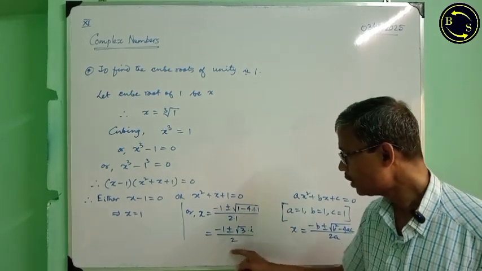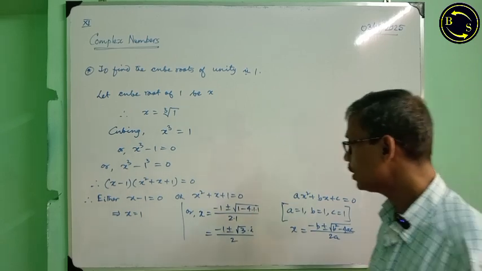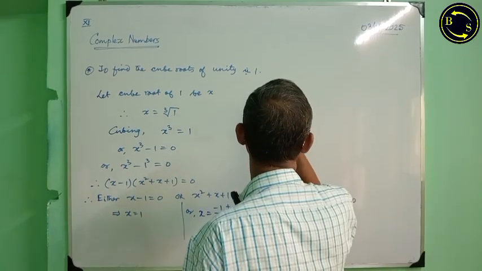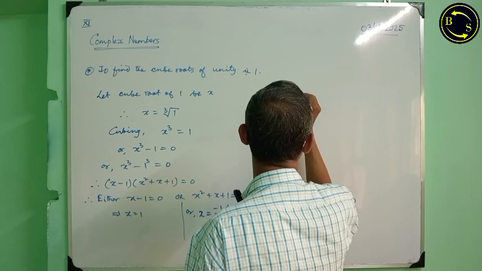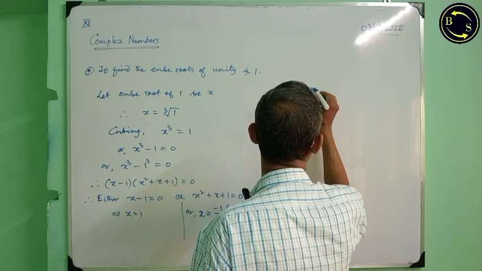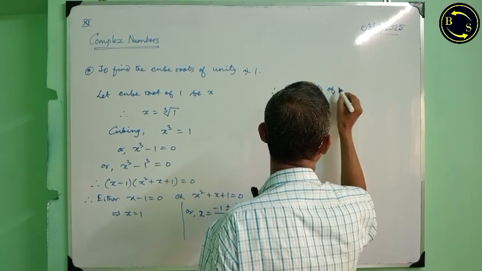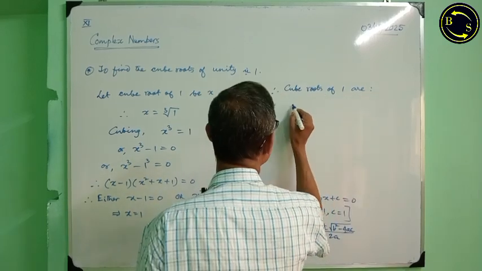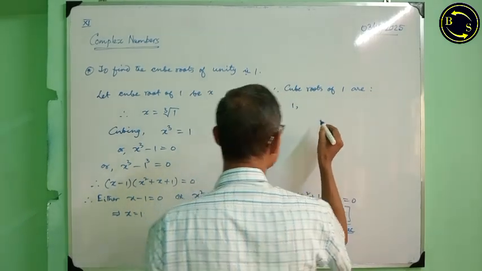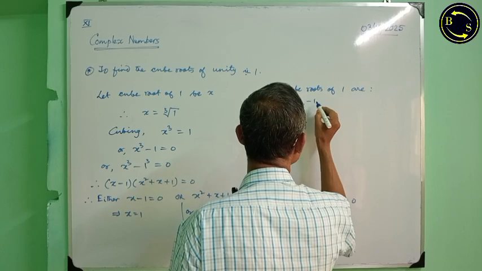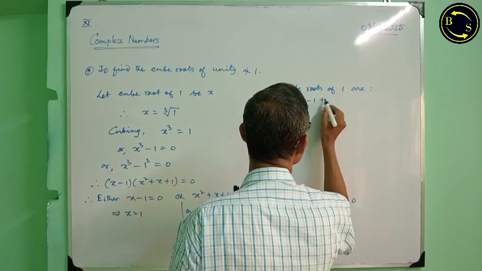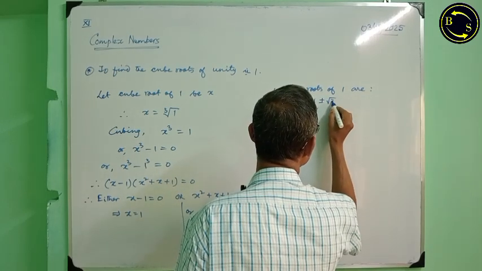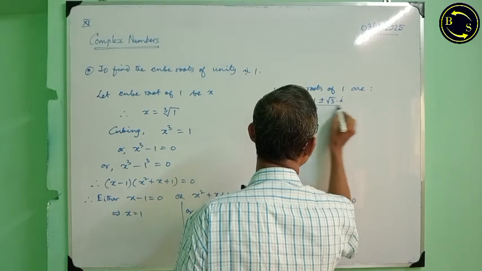Now these are complex numbers, therefore finally we write, cube roots of 1 are first of all 1, then minus 1 plus minus root 3 into i.